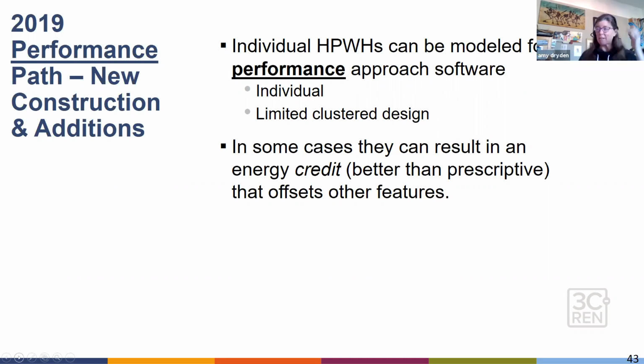I may even be getting credit for it because it's more efficient than the prescriptive, which is a UEF of 2. Like I said, we're not seeing those on the market, so I may be seeing some credit there. So sometimes folks can trade off other features by utilizing the heat pump water heater in the performance pathway.